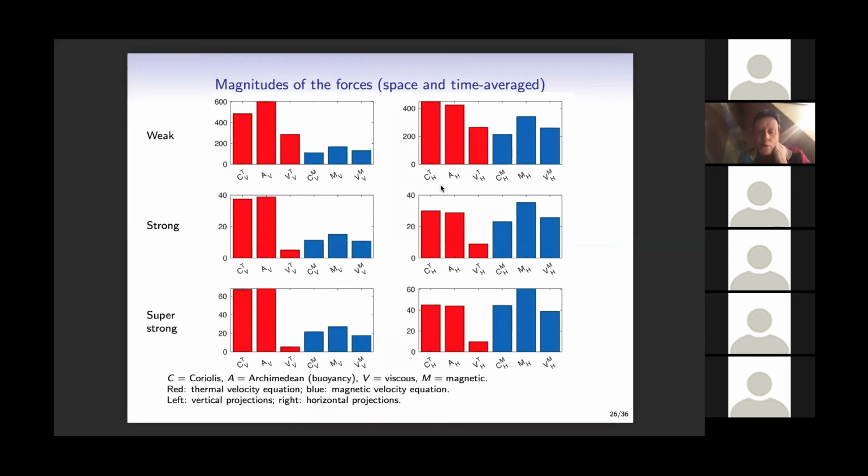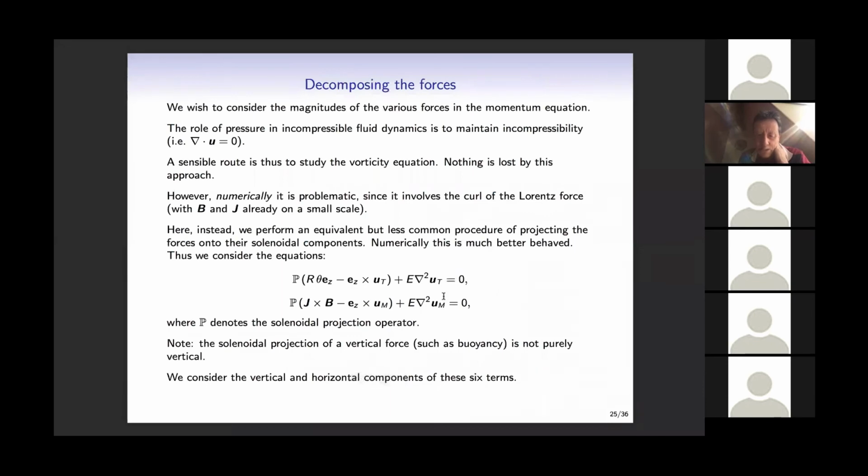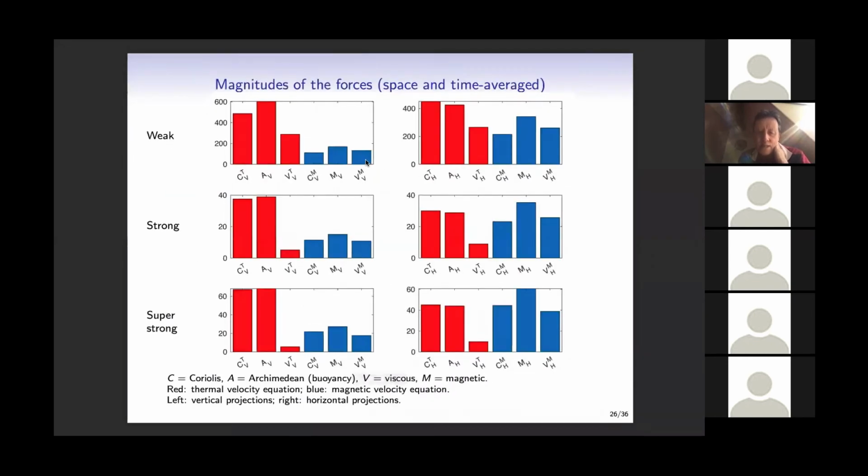However, if we were going to get a full Taylor solution, this column would have to vanish. This is the magnetic viscous term. Well, this column and this column, right? That's this term, the E del squared U magnetic. That would have to vanish.